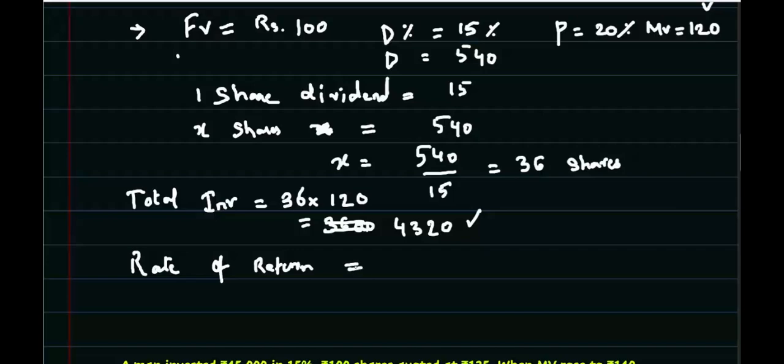So which will be equal to 540, the dividend, divided by 4320, the investment, multiplied by 100. Got it? So now if you divide it, you will get how much? 12.5%. So this is the return on investment that he is getting. Understood? Great.